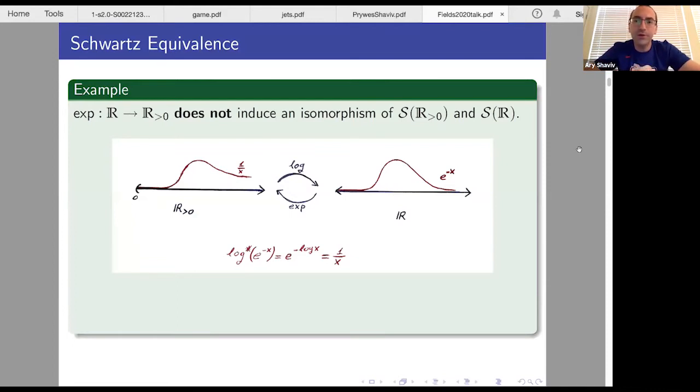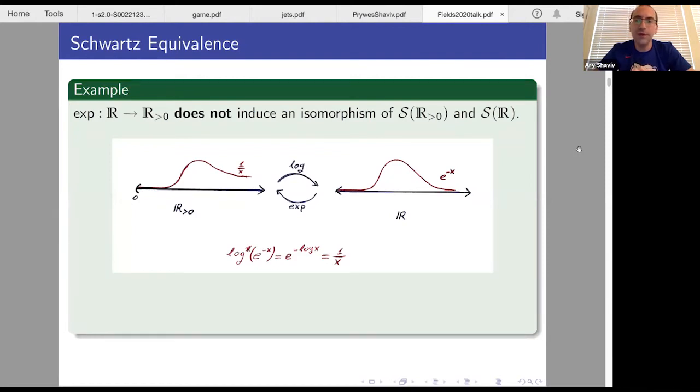If we take any function on the real line that is 0 from some point small enough, so we don't care about the negative side, and for big x's it decays like e to the minus x. Many such C infinity functions exist. And of course, any such function is a Schwartz function on R.